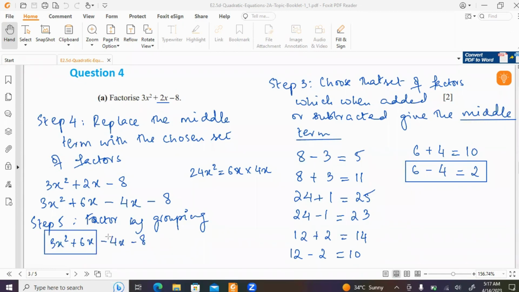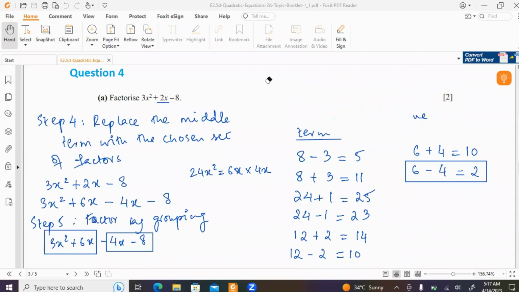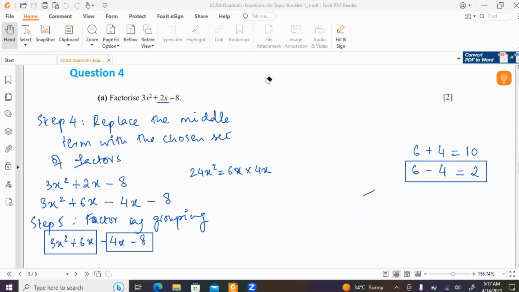So I'm going to factor these separately into different groups. Between 3x squared and 6x, we have 3x common, and inside the brackets we'll have x plus 2.